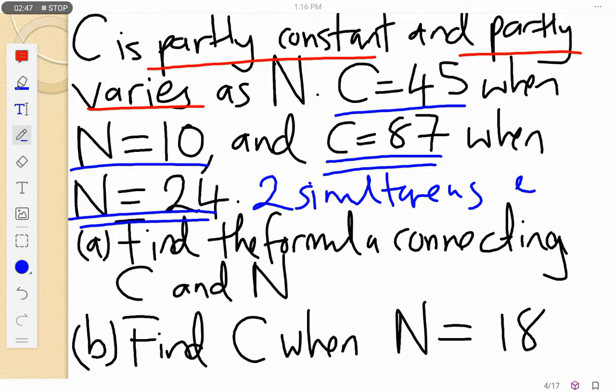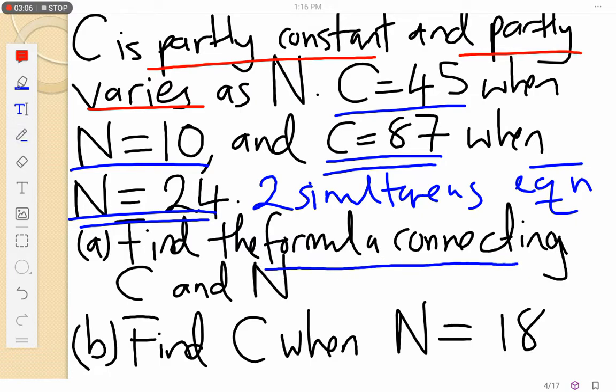With those two simultaneous equations, your task will be to find the two unknown variables, the A and the K. Those will be the constant values that we have. So after finding them, then you can find the formula that is connecting C and N.